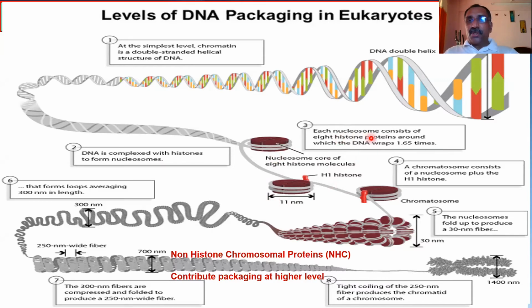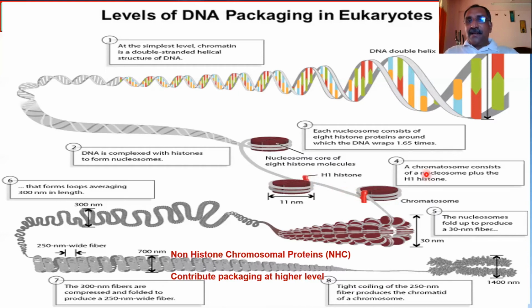Each nucleosome consists of 8 histone proteins, around which the DNA wraps 1.65 times. Your textbook mentions 1.75, that is 1 3/4, but the actual answer is 1.65 times. It is turning around the octamer.